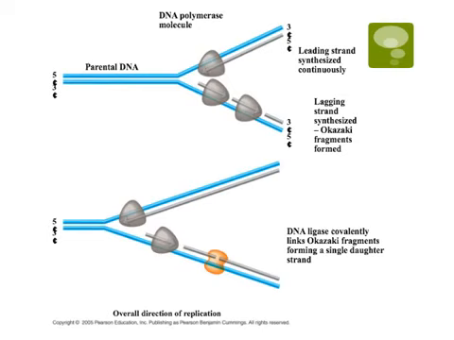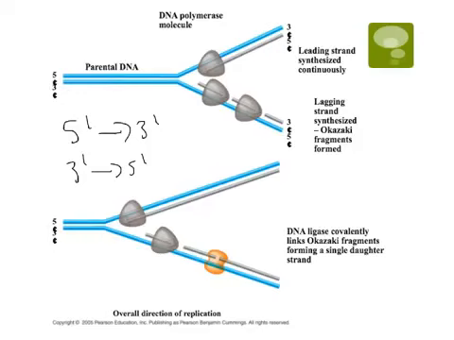So again, to talk a little bit more about this leading, lagging, 5', 3' stuff, remember, DNA polymerase can only build its new strand from 5 to 3. So that means it can only read the template strand 3 to 5.